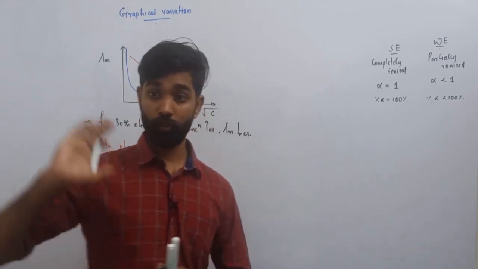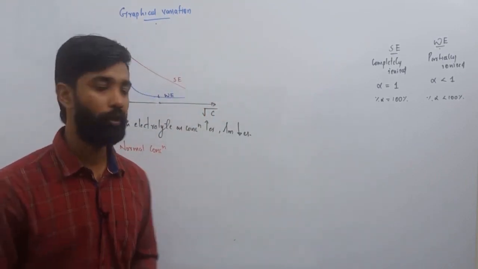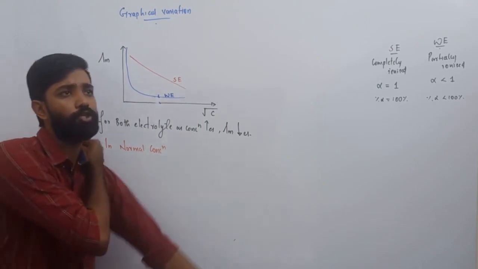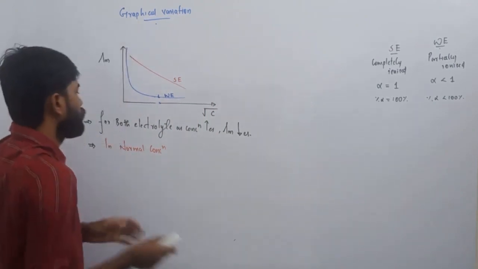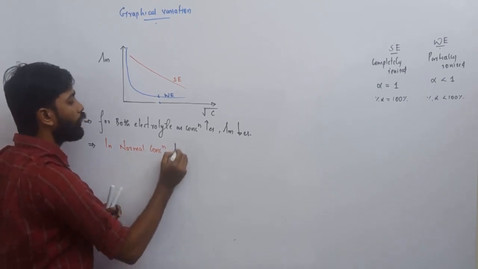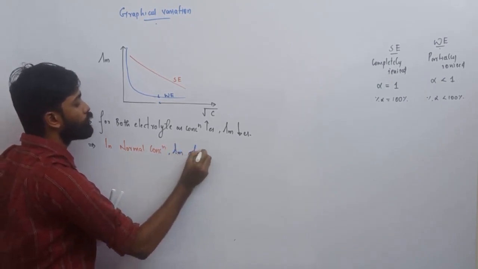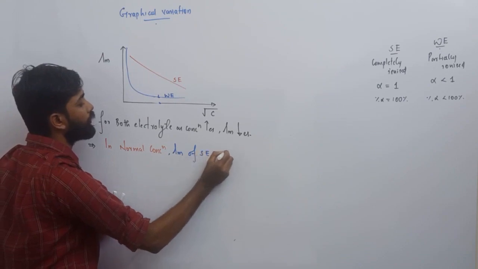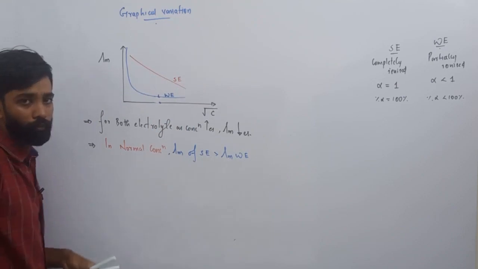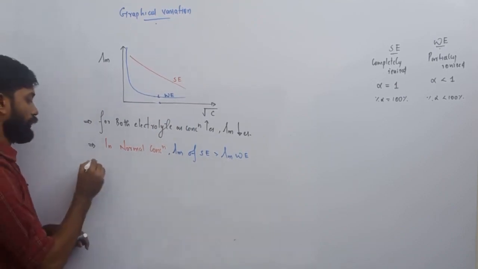Concentration nearly zero means the dilution will be the maximum. That is not the case. In a normal concentration case, the molar conductivity of a strong electrolyte is greater than the molar conductivity of a weak electrolyte. It is clear from the graph, right?